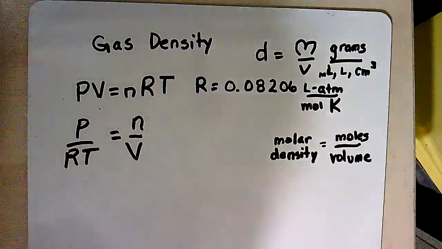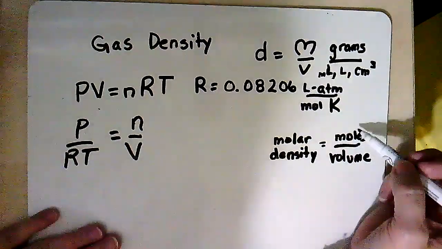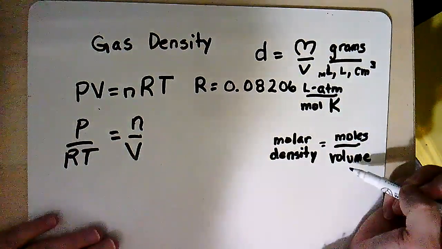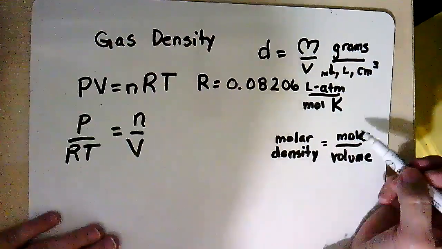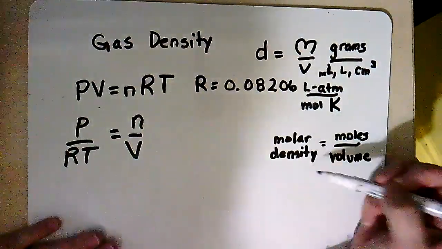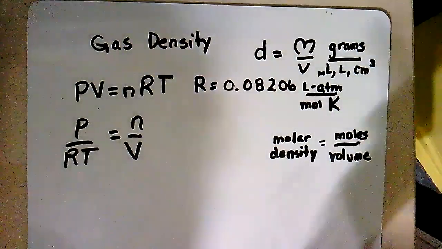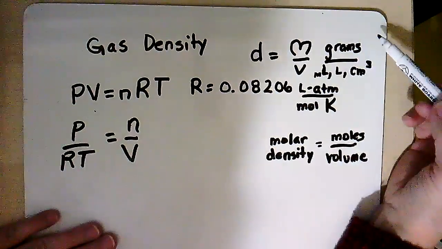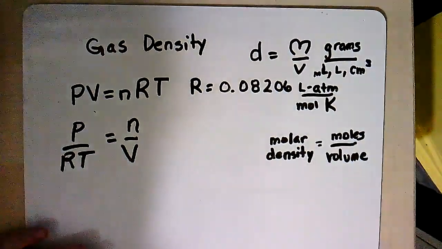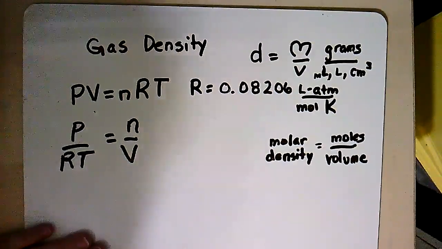Can we change this molar density? I said molar volume, but it's moles per volume, so molar density. Can we change this molar density into density in terms of grams over volume? And the answer is yes, it's very easy.